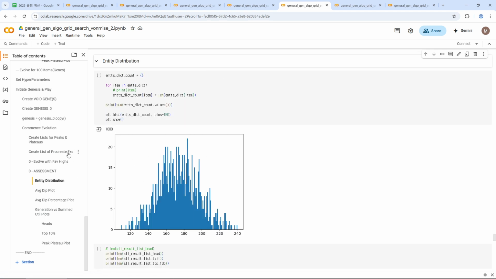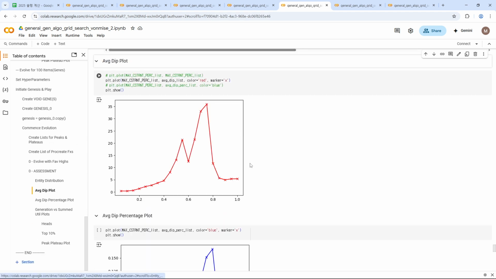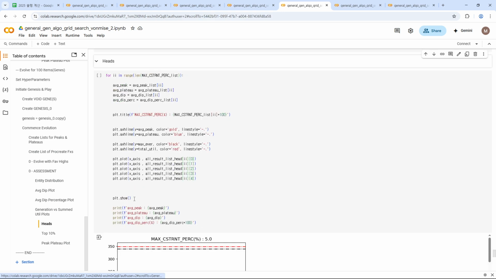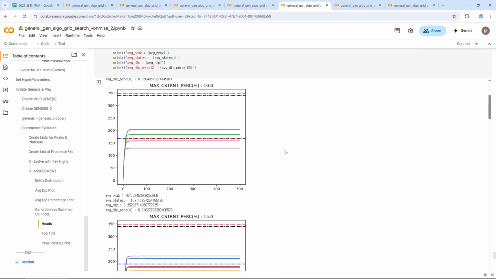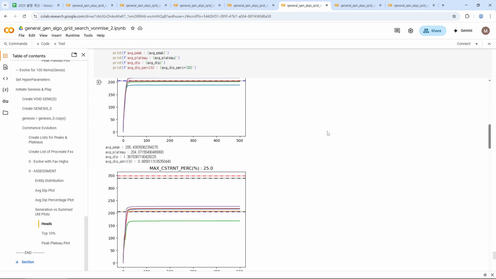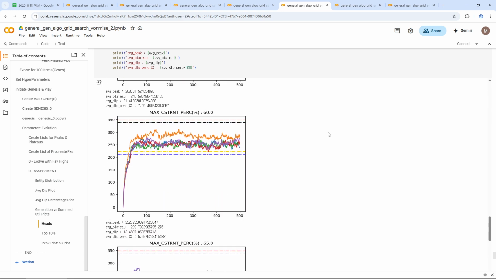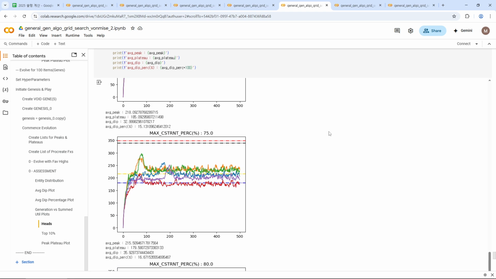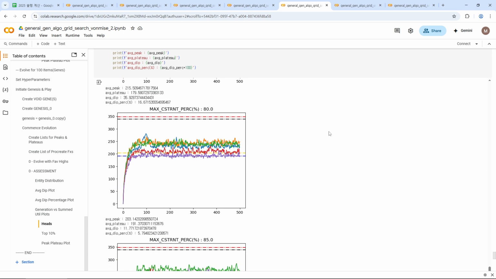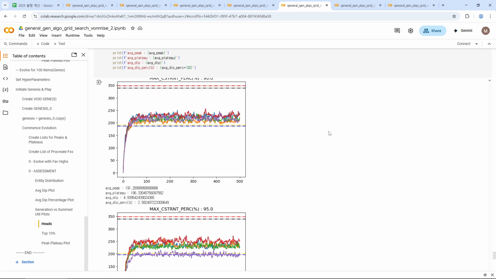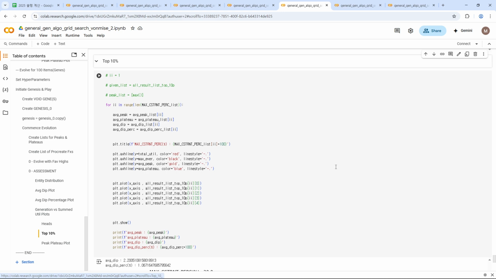So entity distribution when we have 100 items, same. Summed utility plots, yeah, I think that's what I should call them. Okay. Top 10%.